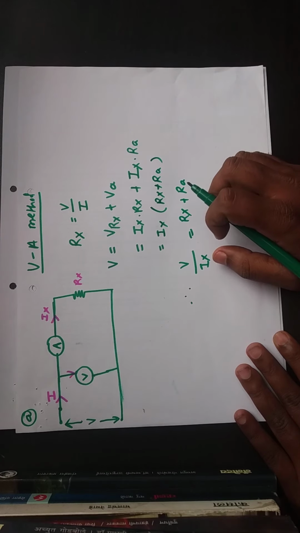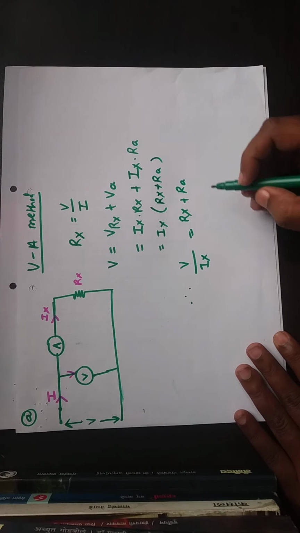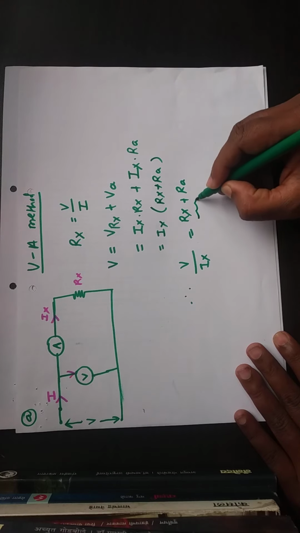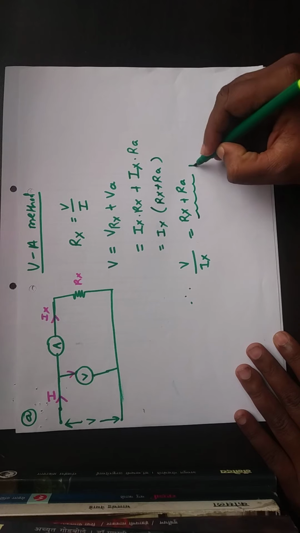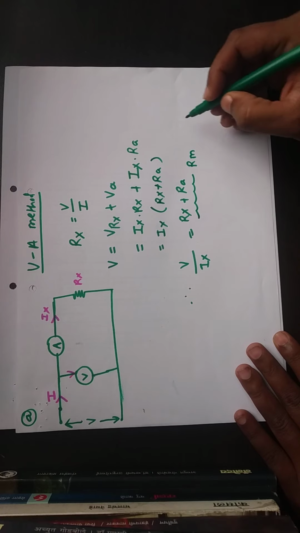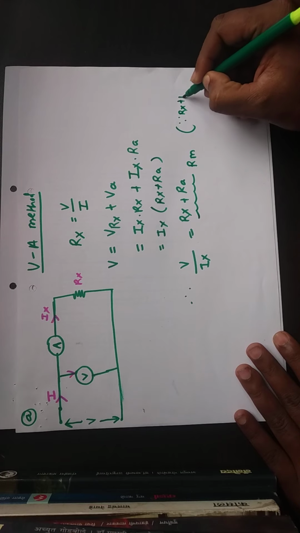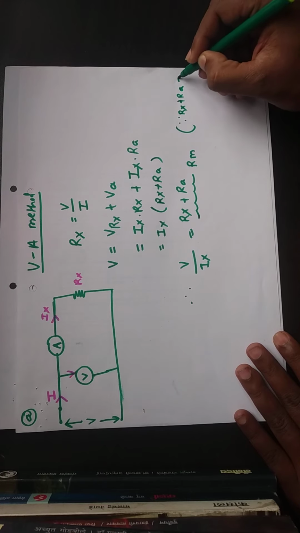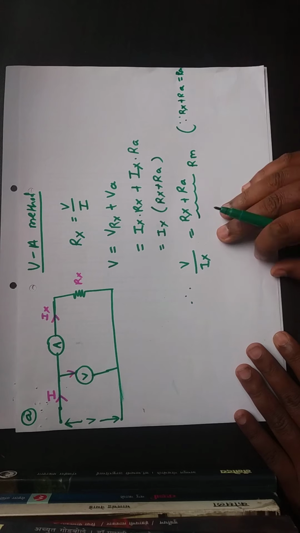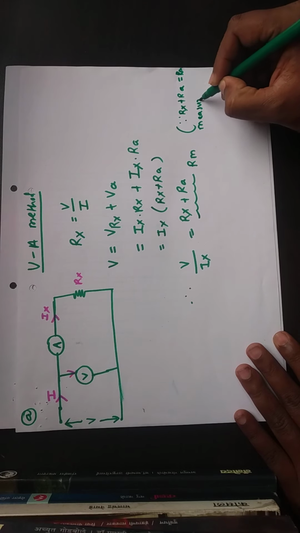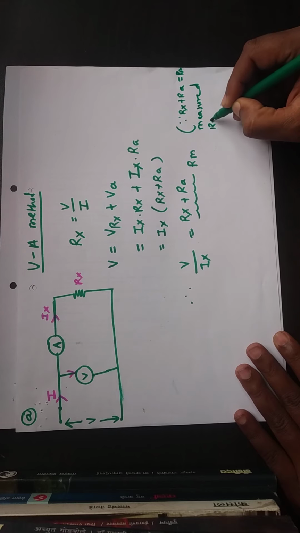Now this term, Rx plus Ra, is called Rm. So Rx plus Ra is equal to Rm, that is the measured resistance.